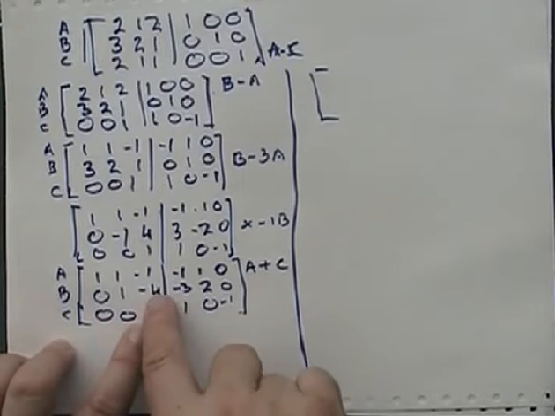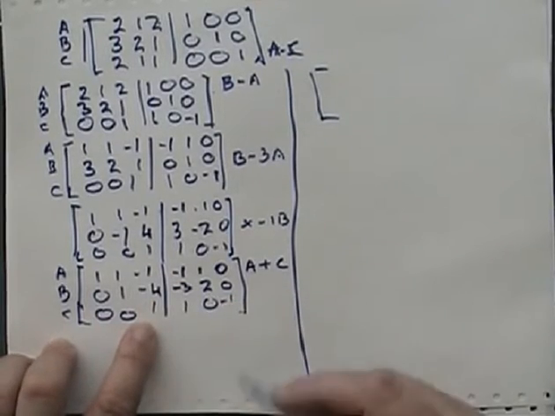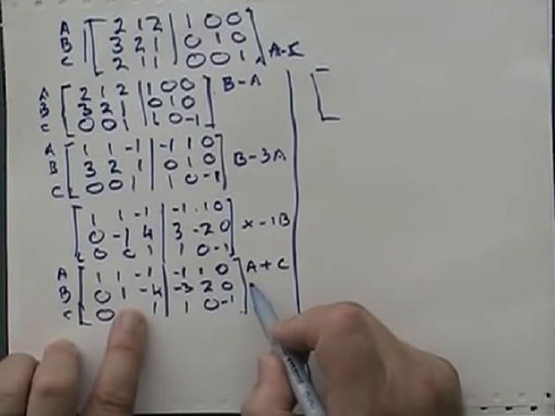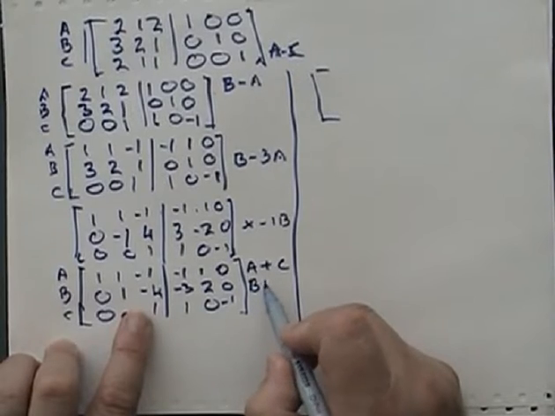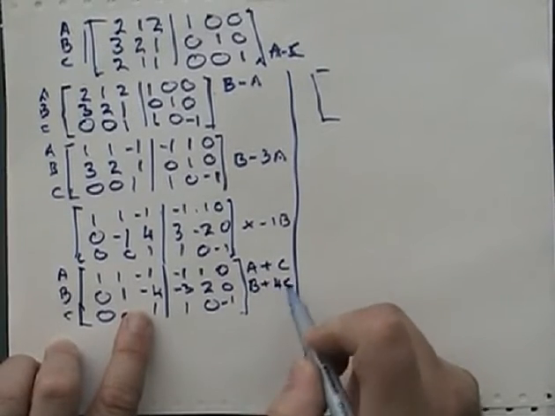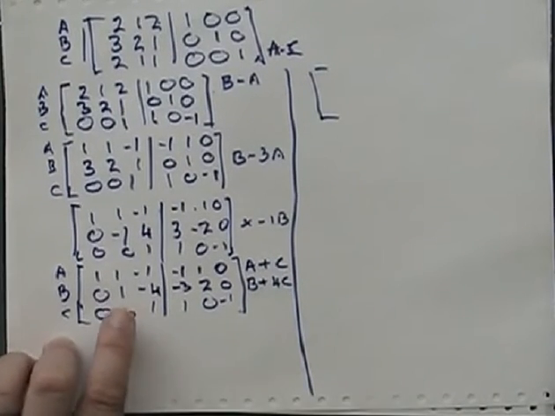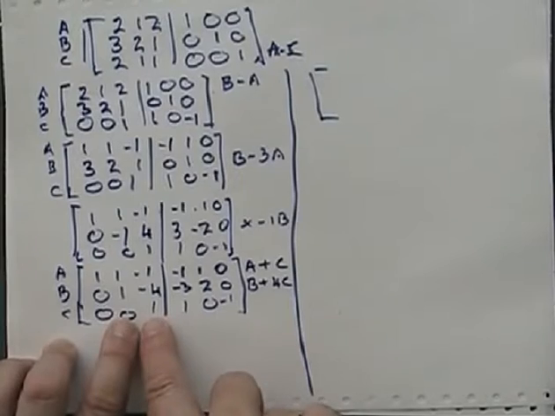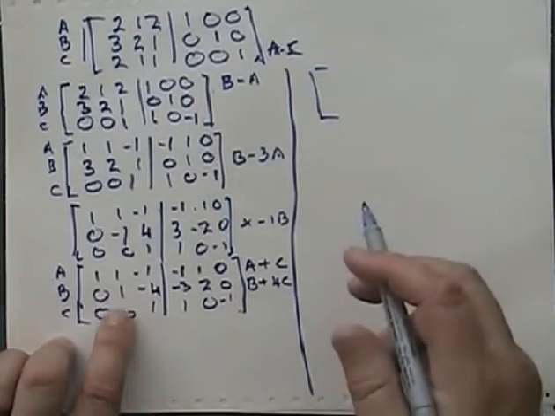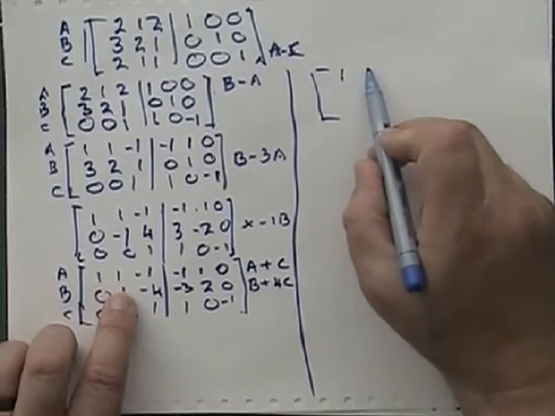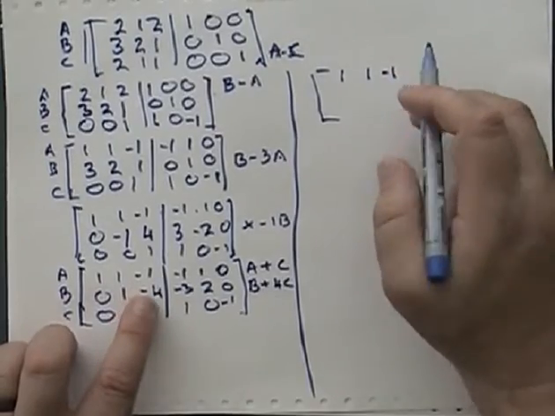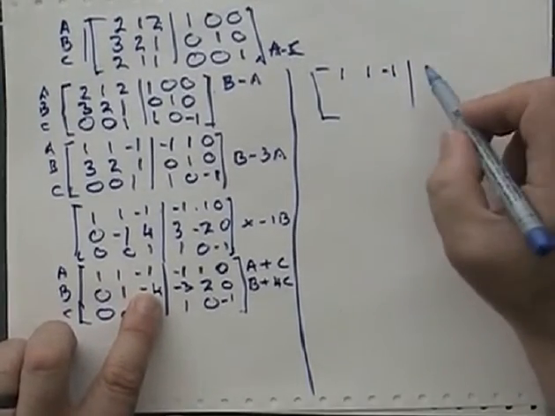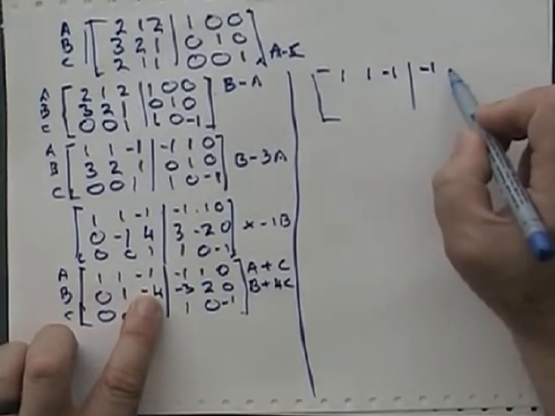I'm going to get rid of this here, so this is going to be B plus 4 times C. Because if I multiply that 4, 4 plus negative 4 becomes 0. So I haven't touched the top row or the top equation.